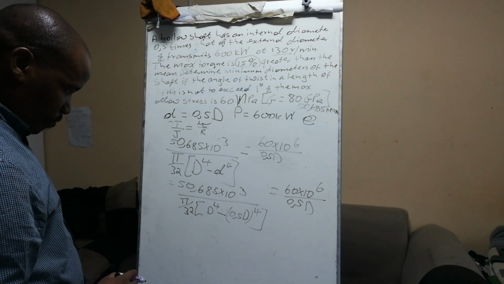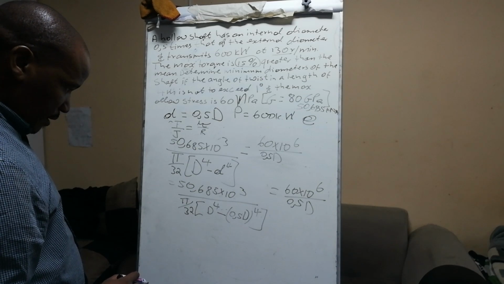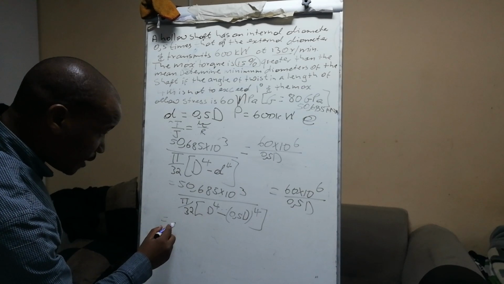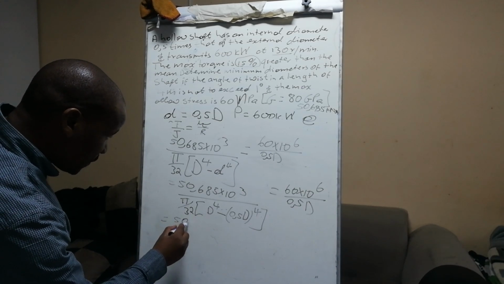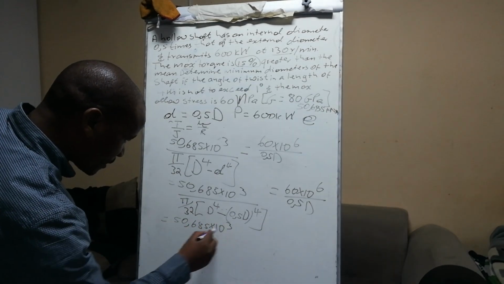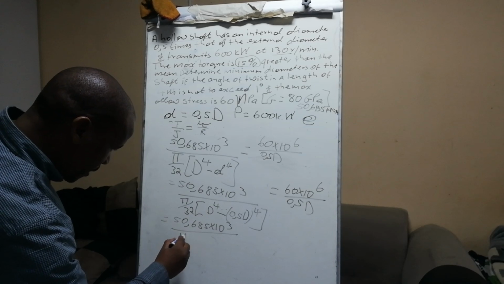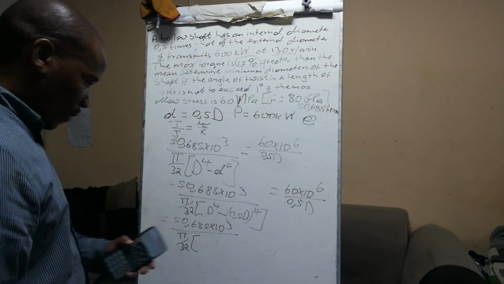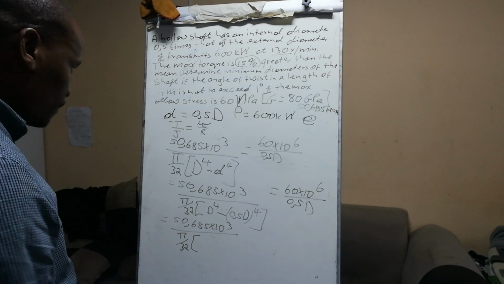Now, this is 50.685 multiplied by 10 to the power 3 divided by pi over 32 in brackets.